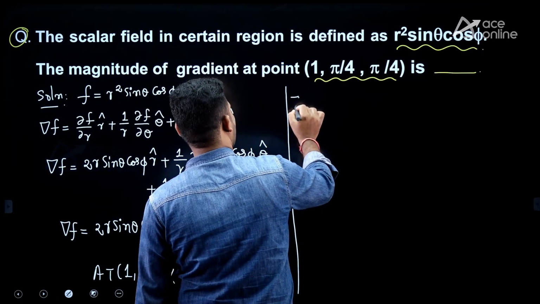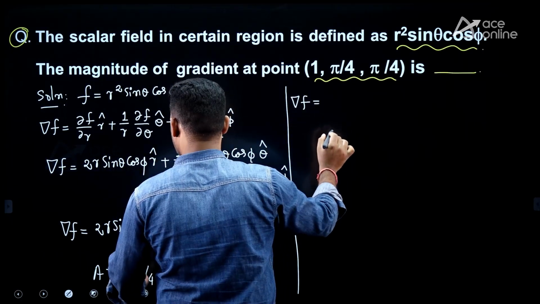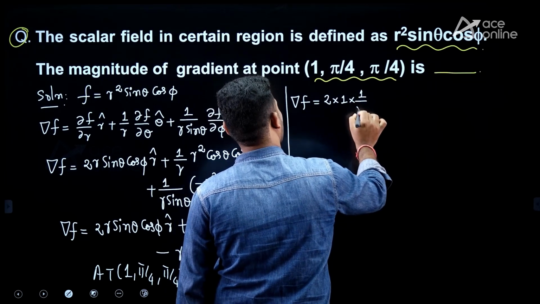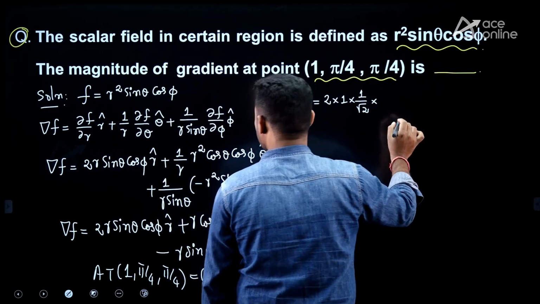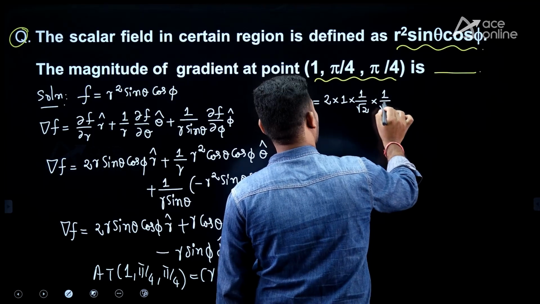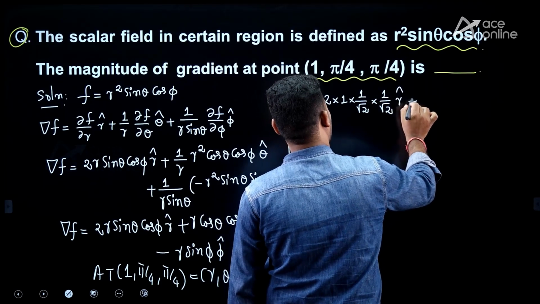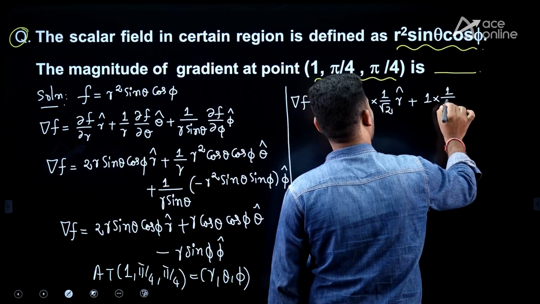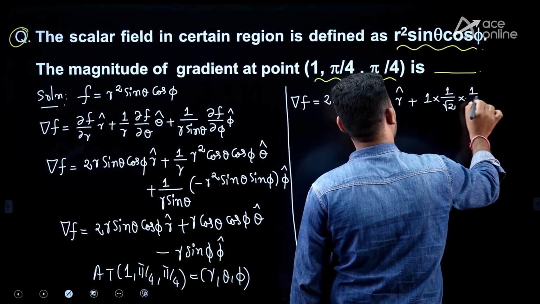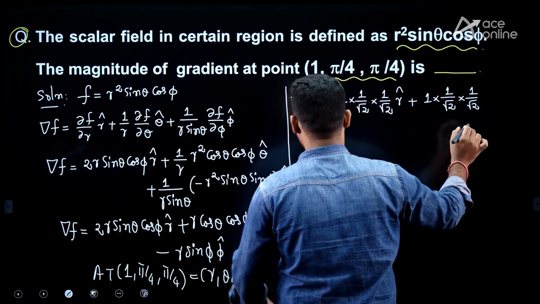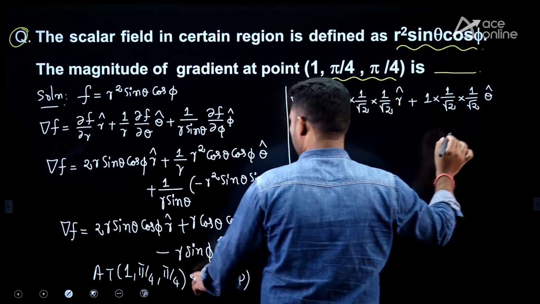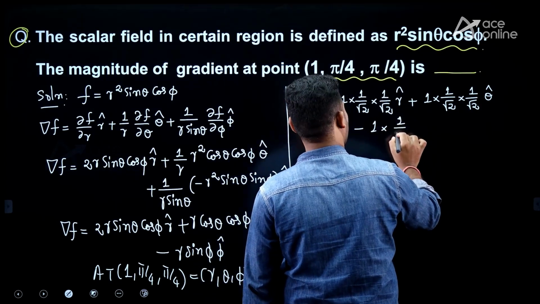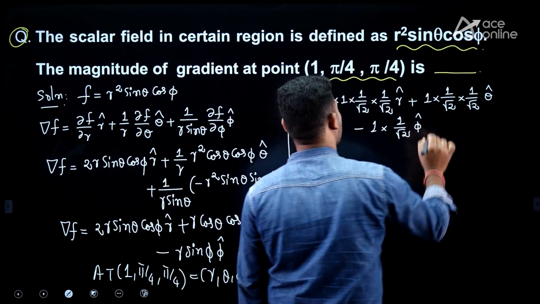So what is the gradient of f, guys? 2 into 1 into 1 by root 2 into r cap, plus this one 1 into 1 by root 2 into 1 by root 2 into theta cap, minus 1 into 1 by root 2 into phi cap.